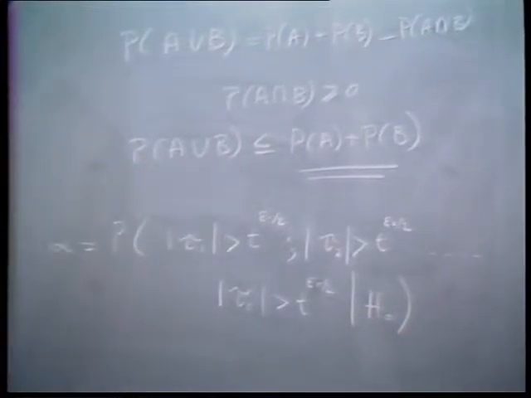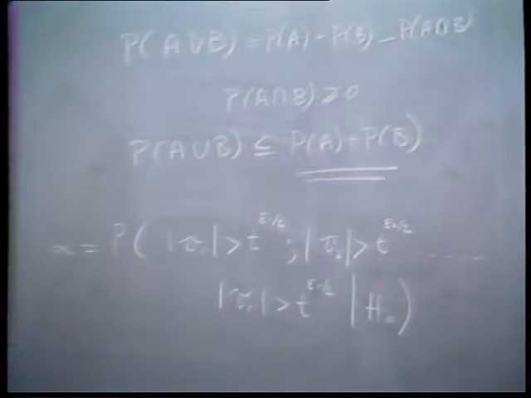That is the probability of type 1 error, so that we're rejecting H0 when in fact H0 is true.